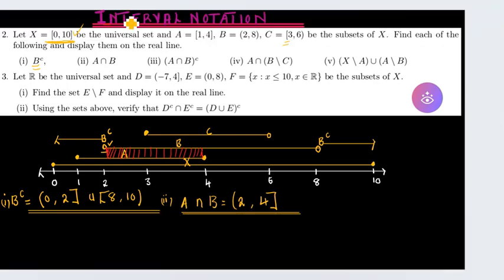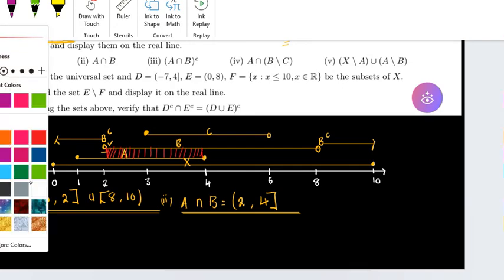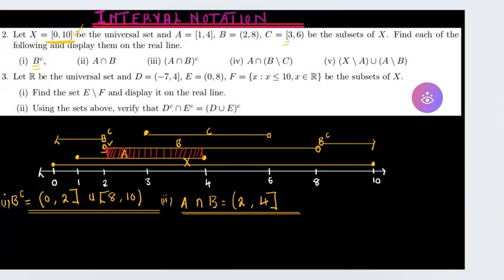So for the third question, they're saying A intersection B complement. So A intersection B complement, let me just try to get my pen. Let me use blue. So look at this. So where A and B are intersecting, now we find the complement.